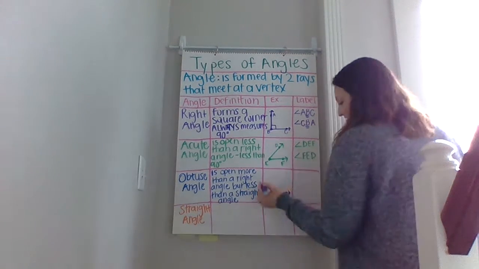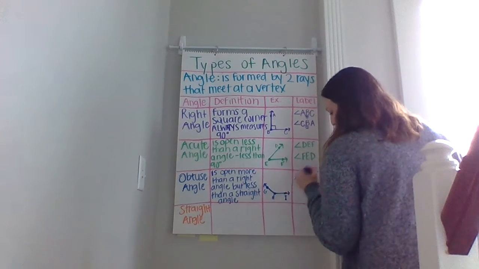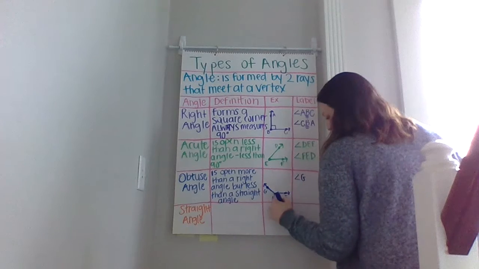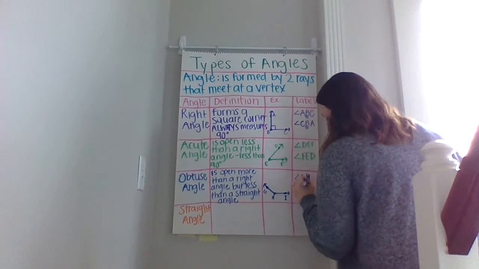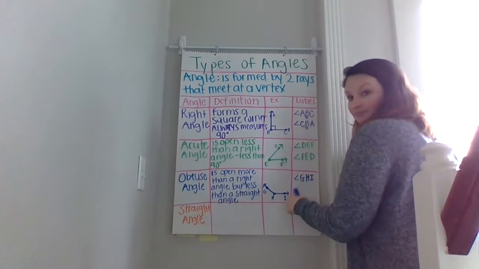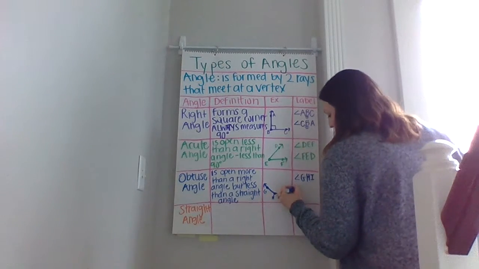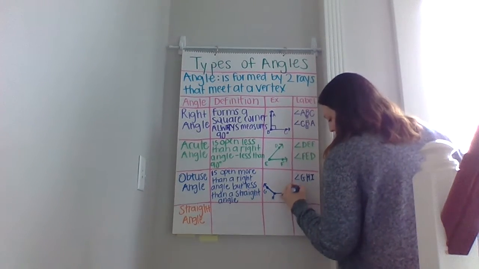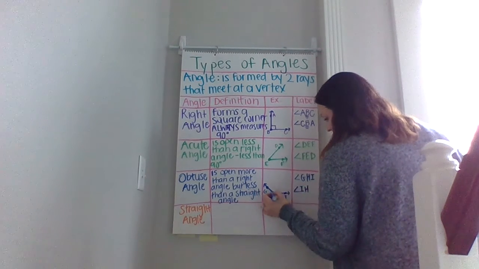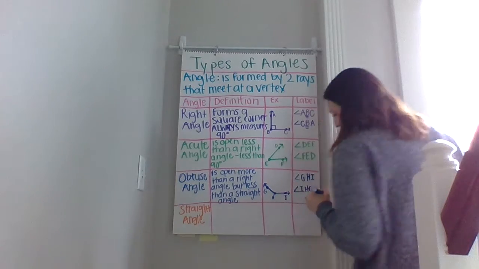I'm going to label it. I start with my angle symbol, so I'm going to start with G. My vertex is my middle letter, G, H, I. Now remember, I can go the other way too. So I can start with I, my vertex is my middle letter, and then go to G. Okay?